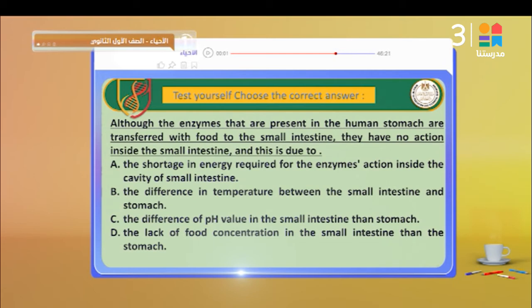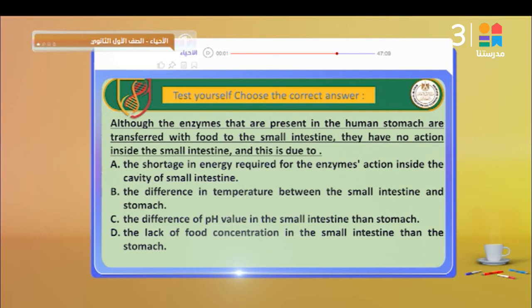C, the difference of pH value in the small intestine compared to the stomach. D, the lack of food concentration in the small intestine compared to the stomach.